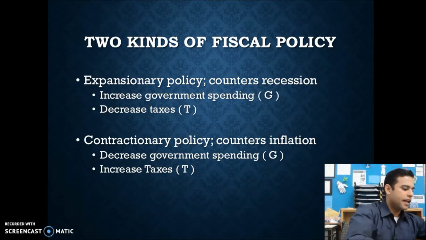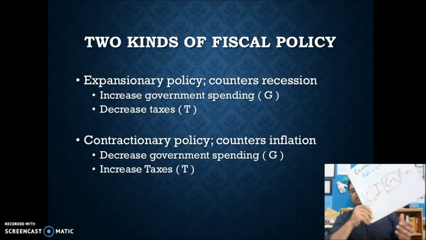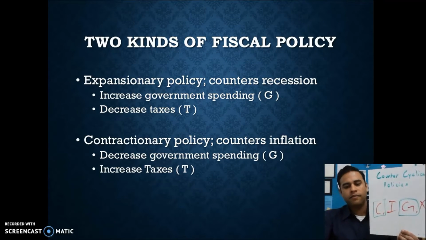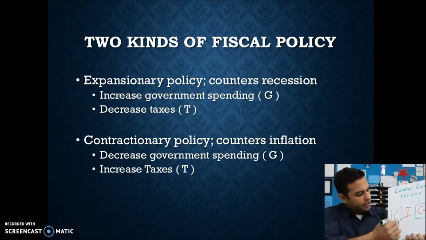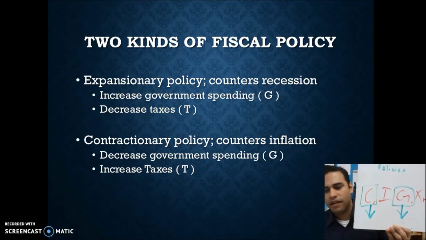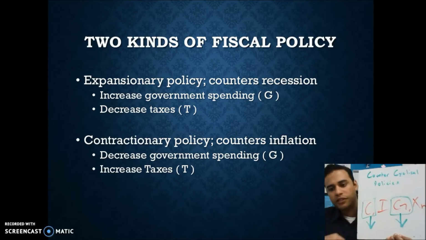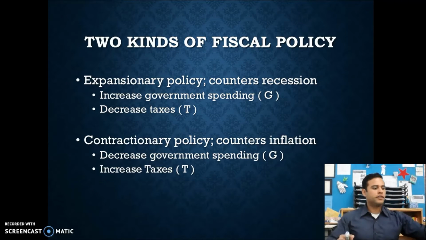And all we're doing now is, instead of increasing consumption spending and government spending, we're going to attempt to decrease government spending and consumption spending. Consumption spending would decrease by way of increased taxes. Government spending would decrease by way of simply the government spending less money.